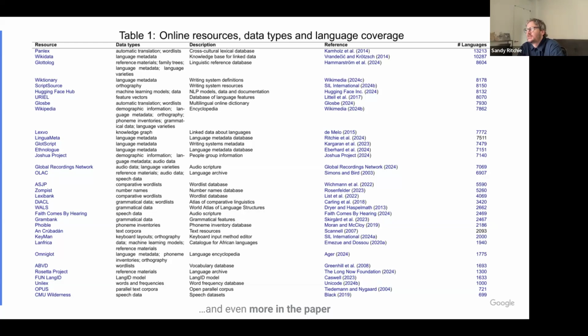In fact, they include something like 16,000 language varieties. So this is actually one of the resources where the definitions of language varieties could potentially become the standard.